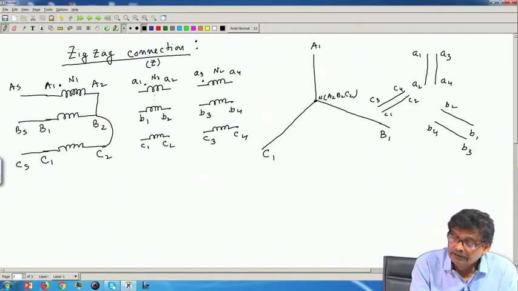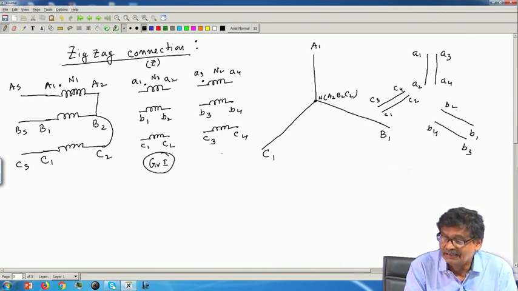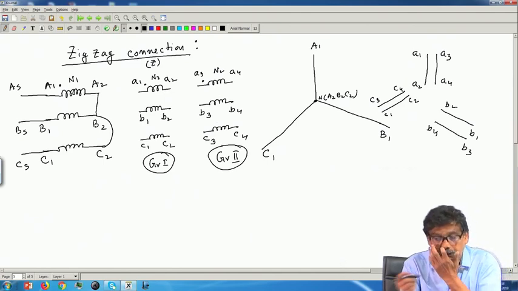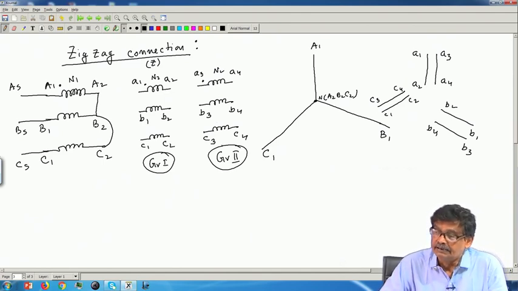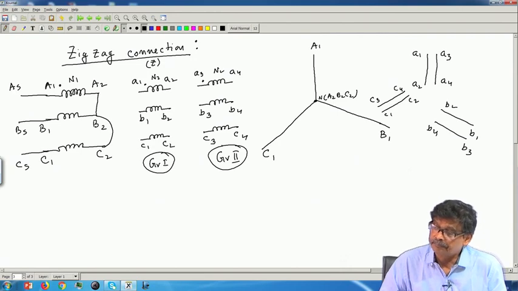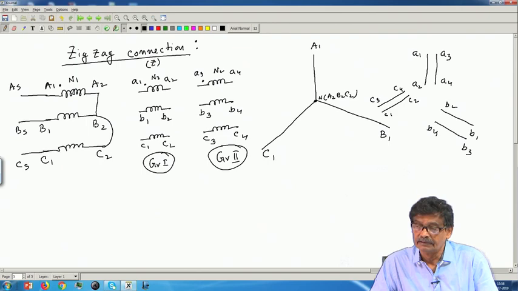So, one coil from this group, this is suppose group 1 and this vertical coils group 2. So, take one coil here and take either B or C, whatever will be relevant, that we will discuss. Similarly, B phase and other from this one, these two you go on connecting in series and achieve what is called zigzag connection.